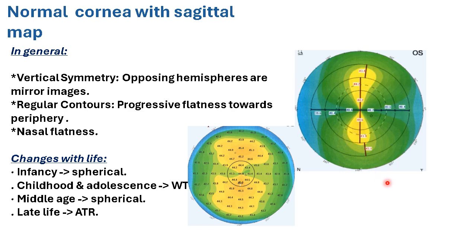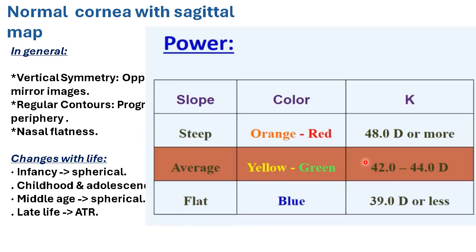As you know, the normal cornea can be spherical, or it can have a mild degree of astigmatism, so you can see a mild degree of with-the-rule astigmatism giving the symmetric bow tie appearance. The normal power distribution of the cornea falls within 42 to 44 diopters, usually taking the yellow or the green color. The other steep parts of the cornea will have a red color, and the flat part will have a blue color.